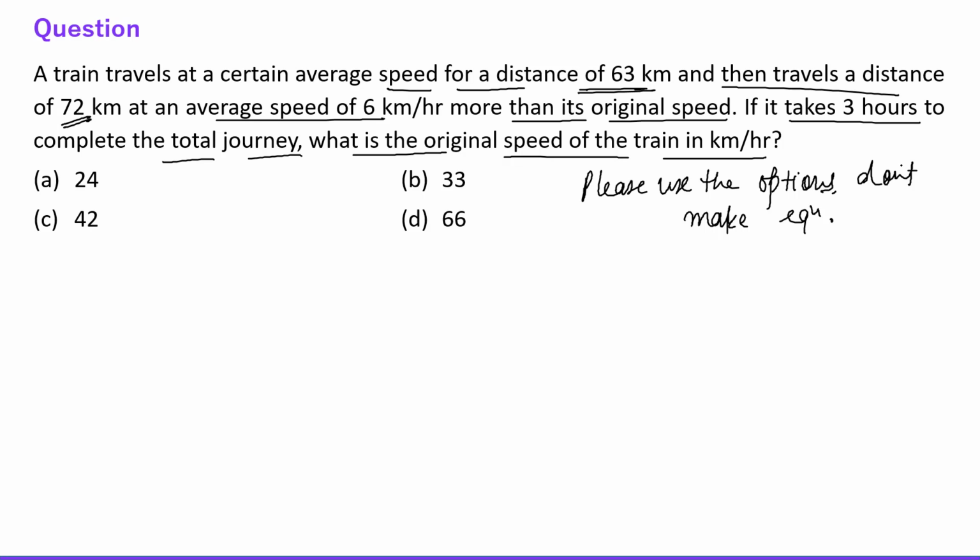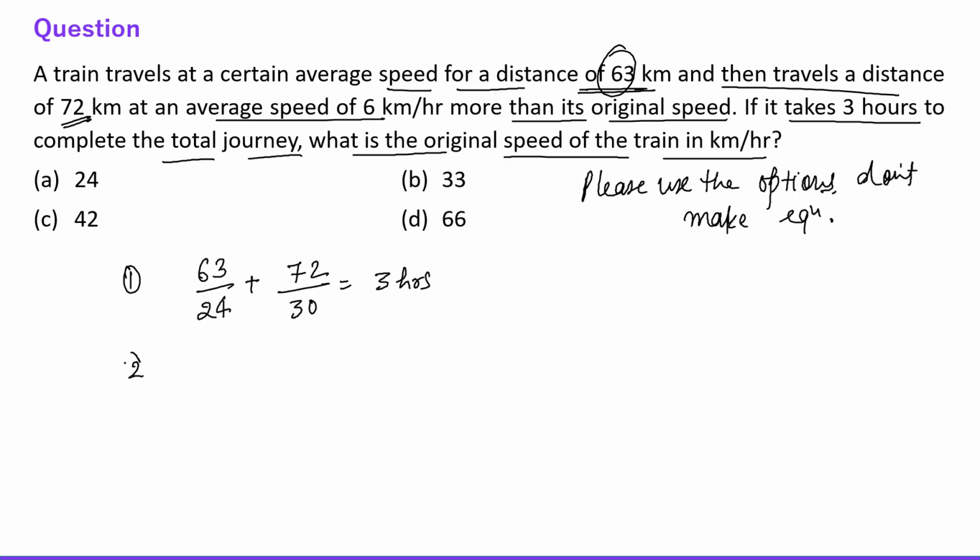Don't make equations. Please use the options, right? So here for option number 1, first he is running 63 kilometers with the speed of 24, and second he is running 72 with the speed of 24 plus 6, which is 30, right? So this should be equal to 3 hours according to the question.